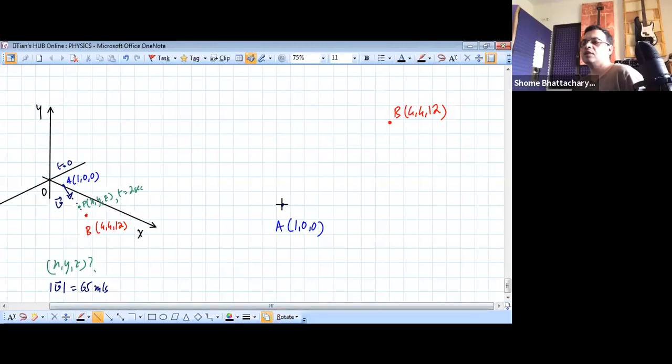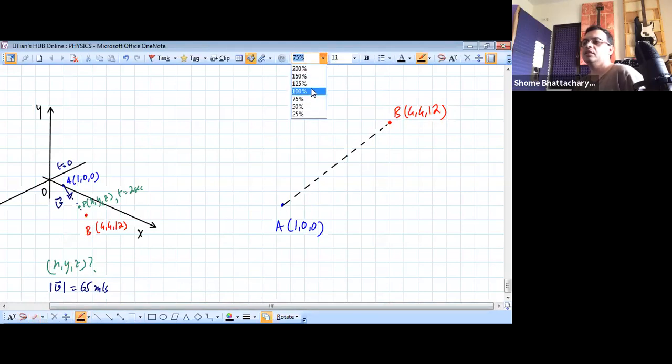The body is supposed to start from the point A and direct its motion directly aimed at the point B like that. That's how it's supposed to move. It's moving like this, but that's the direction of its motion.